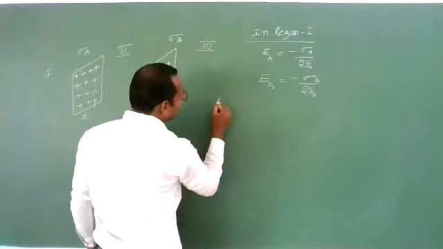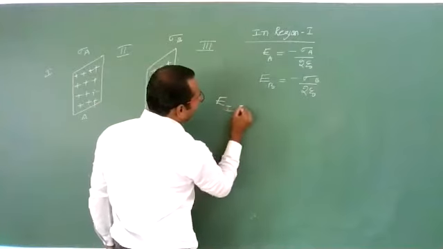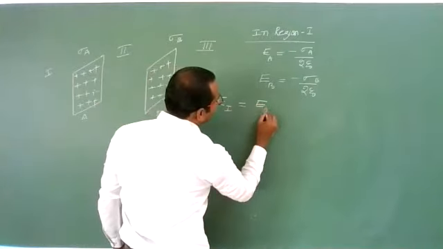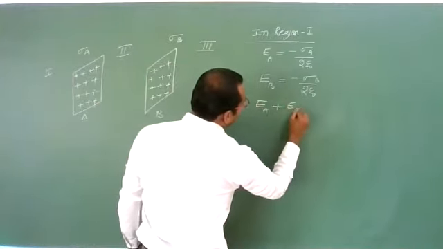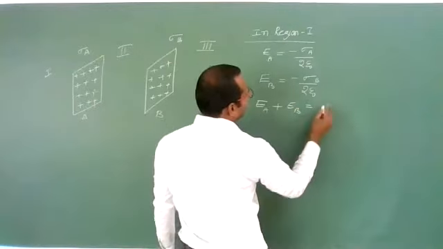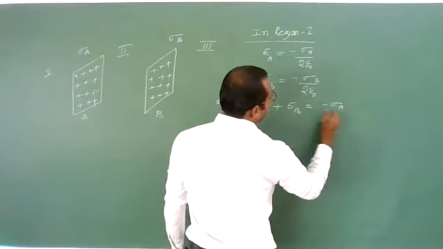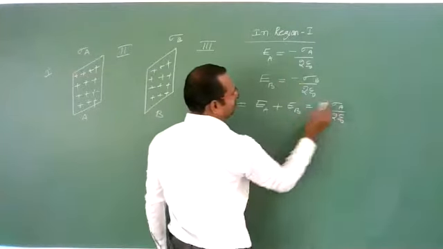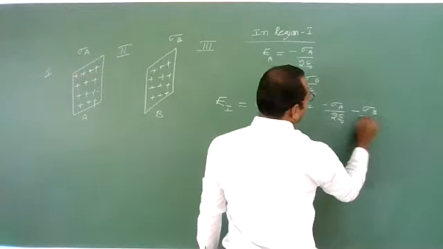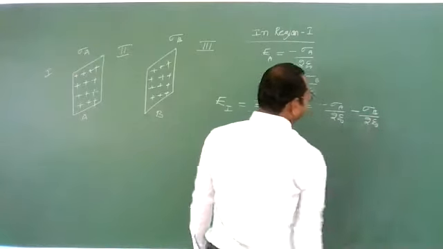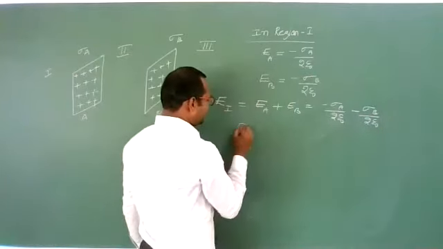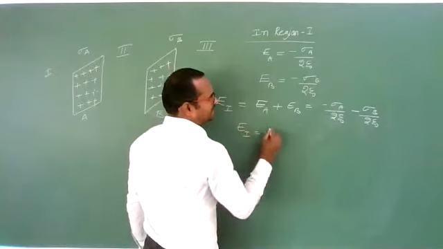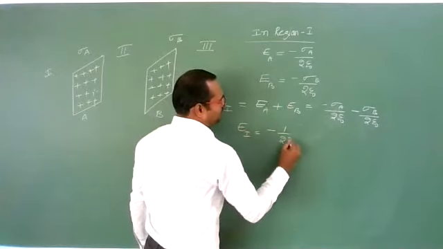So net electric field in region 1 can be written as electric field due to sheet A plus electric field due to sheet B. So electric field due to sheet A is minus sigma A by 2 epsilon naught, and due to sheet B plus, this is minus sigma B by 2 epsilon naught. So you'll get electric field in region 1 can be written as minus 1 by 2 epsilon naught.